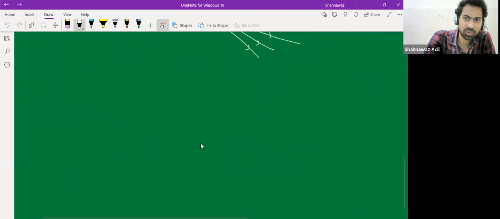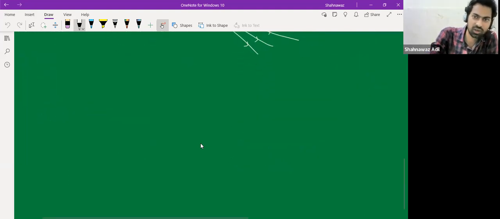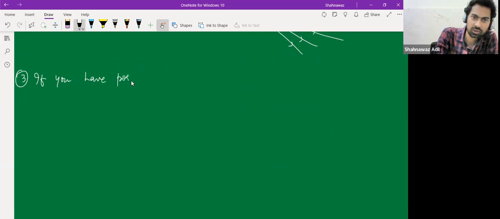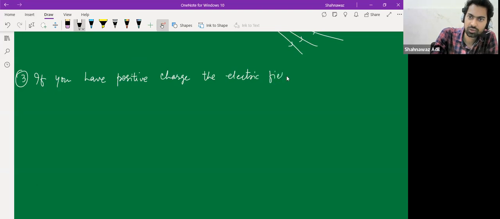Okay, so the next property is one you guys are already familiar with, right? If you have a positive charge, the electric field lines go outward or move away from the positive charge.